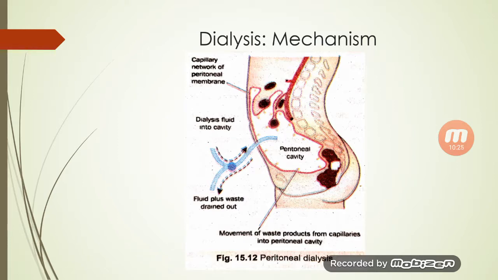It is surgically inserted into the abdominal cavity and serves as the portal through which dialysate or dialysis fluid enters and leaves the cavity. The molecules of the dialysate are too large to pass through the peritoneum, so the solution remains contained in the abdominal cavity.